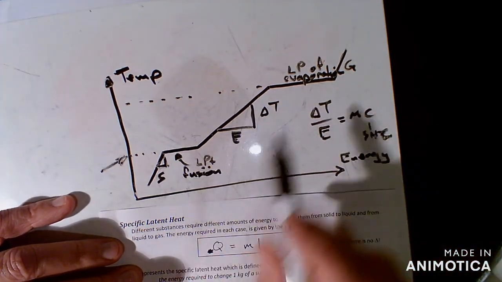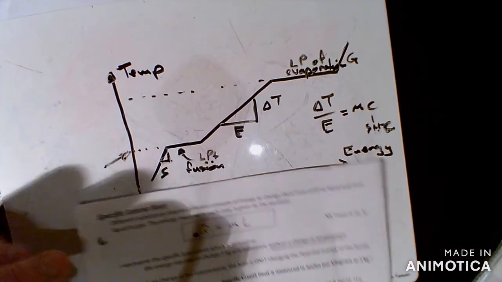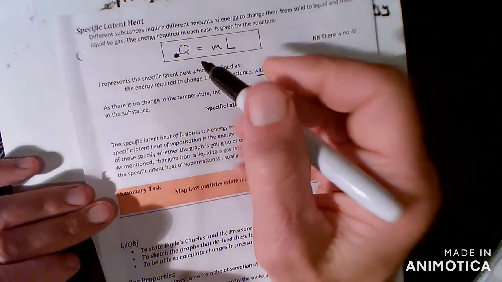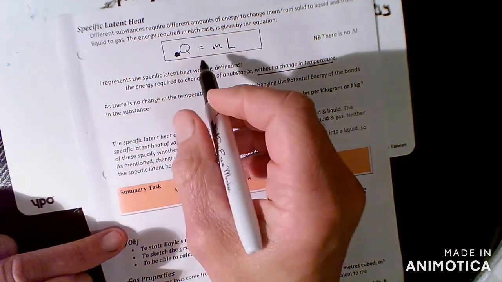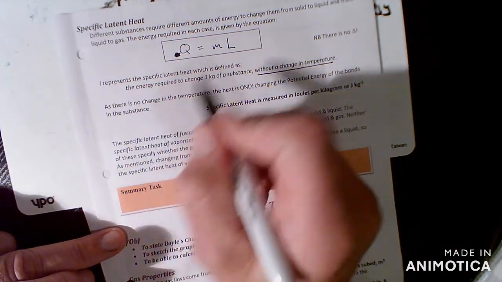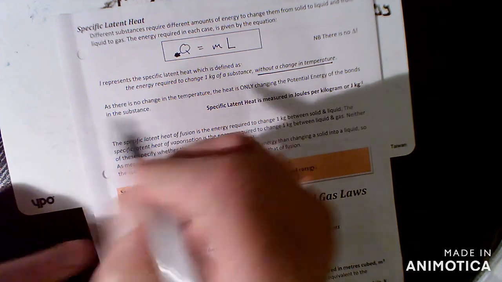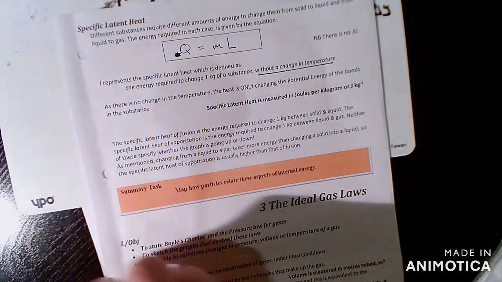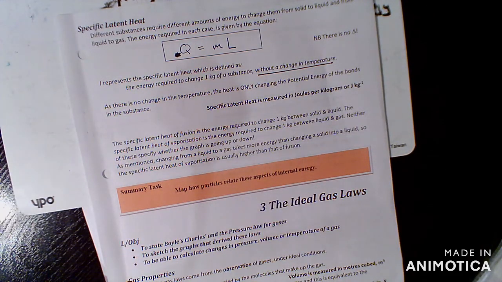Again, they're different, so be very careful. If you're describing this or doing further calculations, are we talking about melting or are we talking about evaporating and boiling? In the exam questions, it should be pretty obvious.